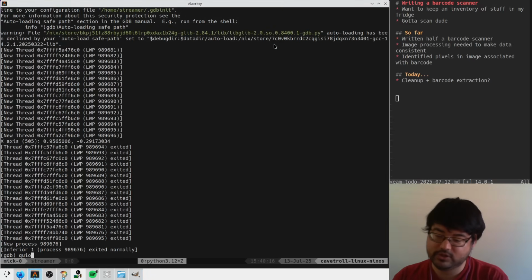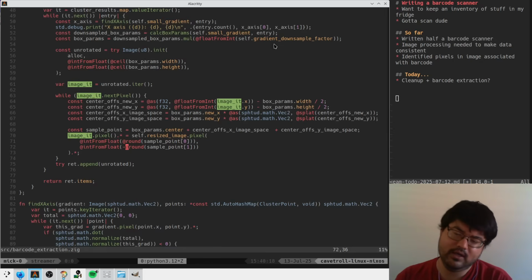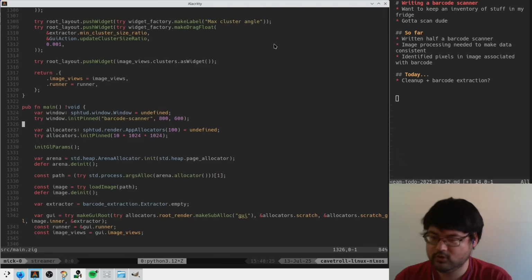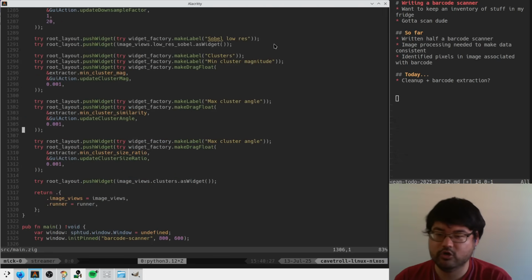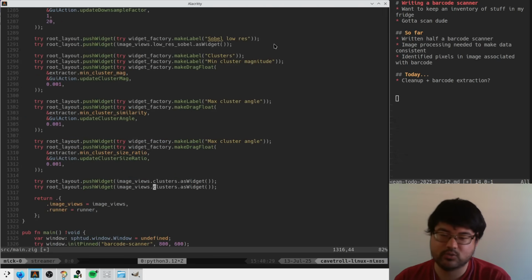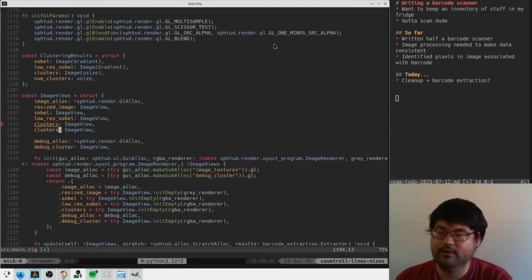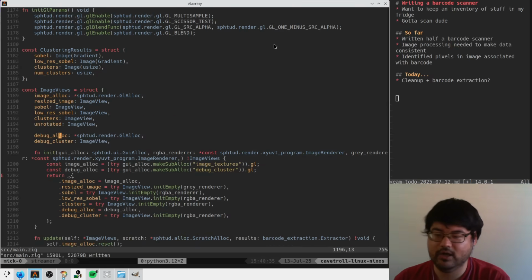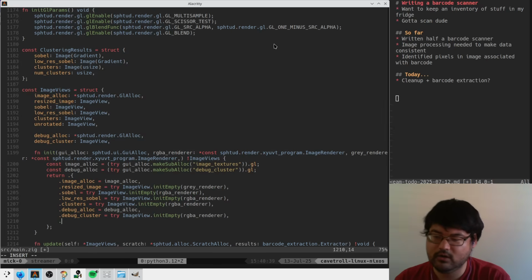And now all we should have to do is render these somewhere. So can we go to our GUI layout and just quickly huck in unrotated for now. This is going to be using the grayscale renderer.